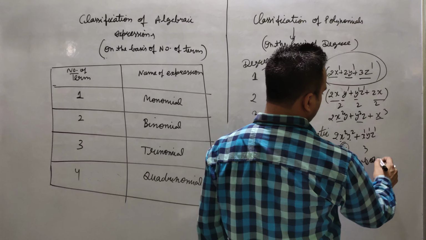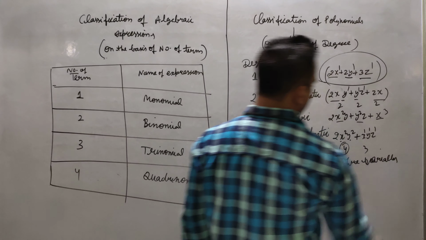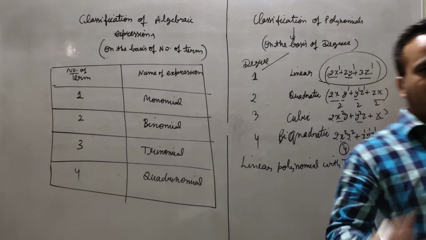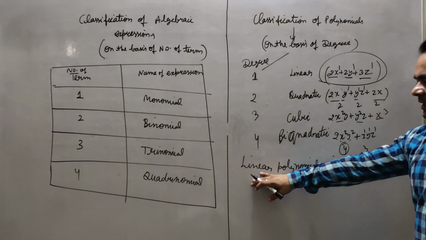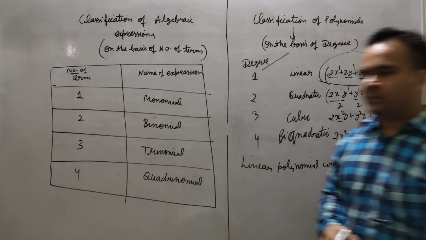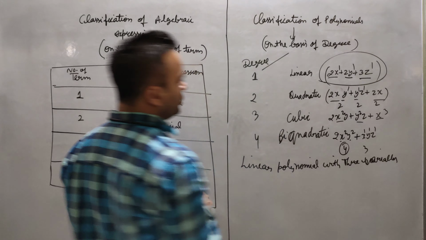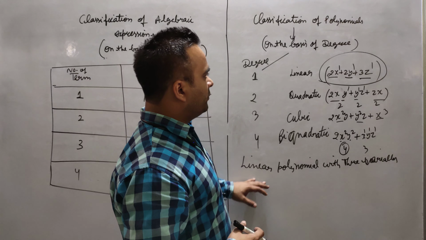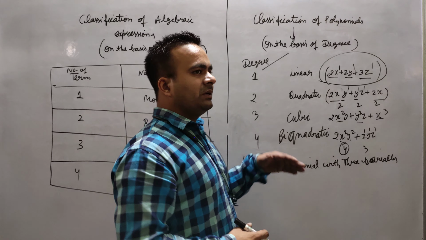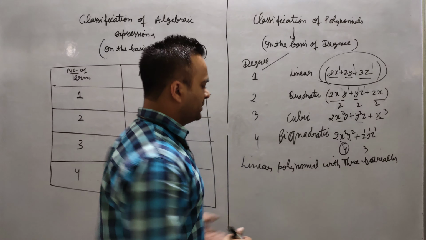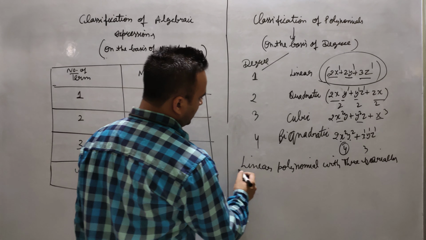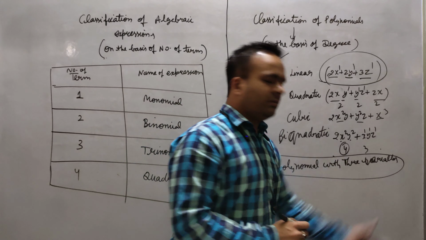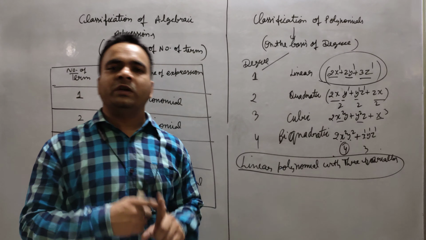Now in your classes 8, 9, 10, you will see there are so many categories we have formed for linear. We have linear equation in 2 variables, linear equation in 1 variable. So polynomials are converted into equations first. We will discuss linear equation in 1 variable only.